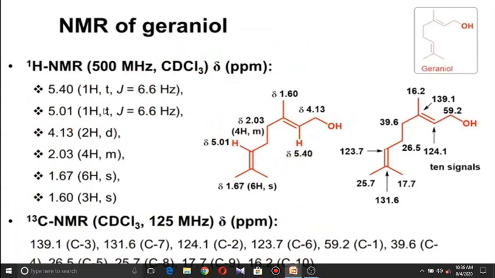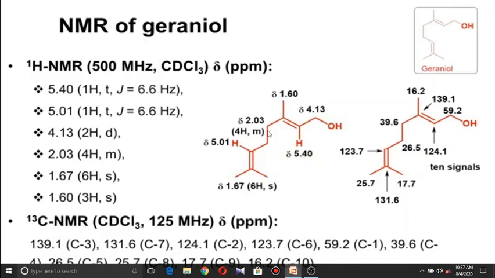Last of all, we come to the NMR spectrum of geraniol. As you can see, there are 1, 2, 3, 4, 5, 6, 7, 8, 9, 10 hydrogen atoms, but the peaks we get are 1, 2, 3, 4, 5, 6 in proton NMR. 6 peaks because, first, these methyl groups are in the same environment, and we get the peak at 1.67.